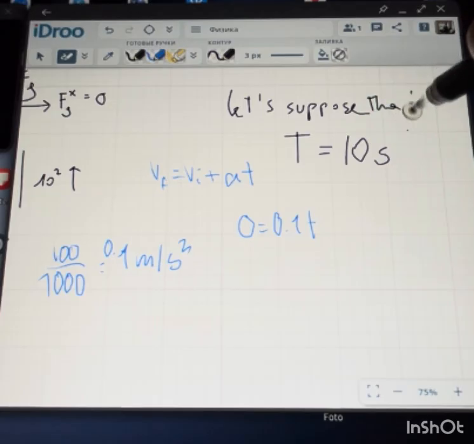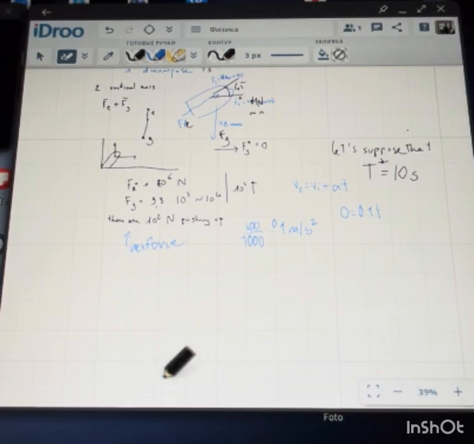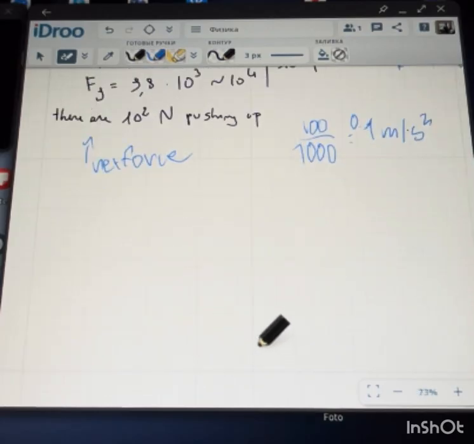Well, first of all, it's going to take 10 seconds for it to fall down, right? So it's going to be 20. The whole trajectory took 20 seconds. And now we can find out our horizontal velocity.